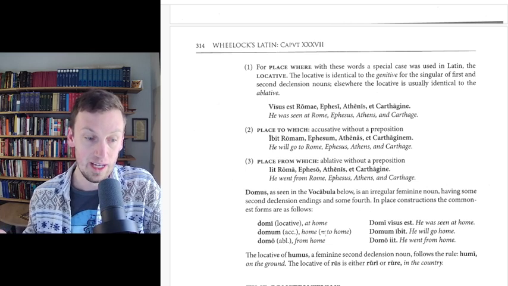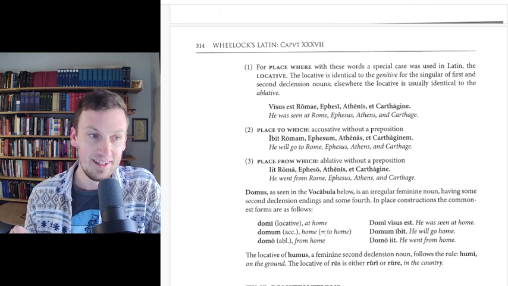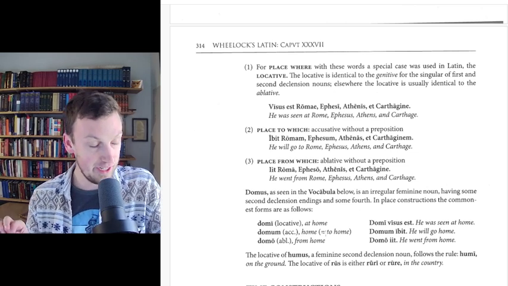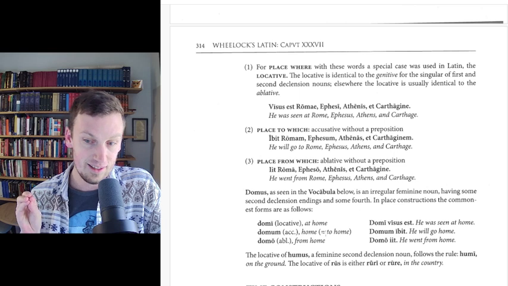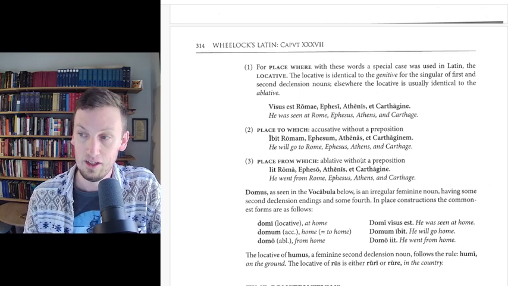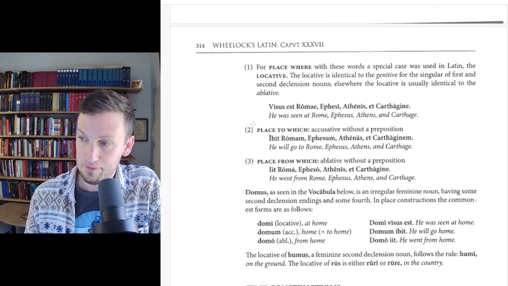So it's a place where a distinct locative form has been preserved. And somewhat unfortunately, it looks identical to the genitive. This is not a genitive. It looks identical to the genitive, but it is an old locative form being preserved that happens to be identical with the genitive.